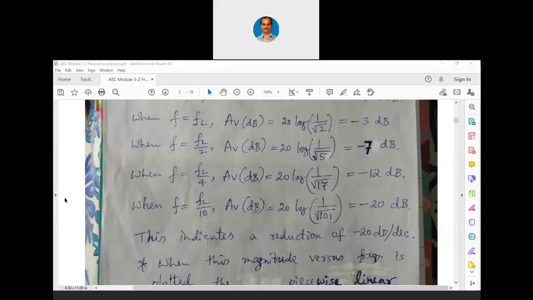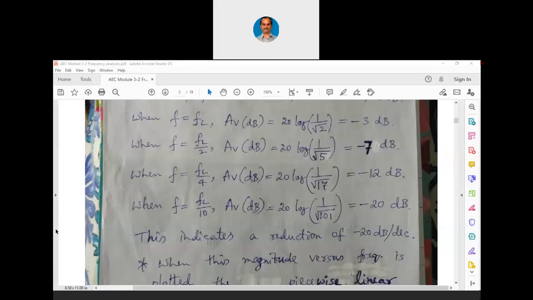When f equals fL by 10, we get the voltage gain reduced by 20 dB. So for any first order system or circuit analysis, the roll-off factor of the curve is 20 dB per decade. This indicates a reduction of minus 20 dB per decade.